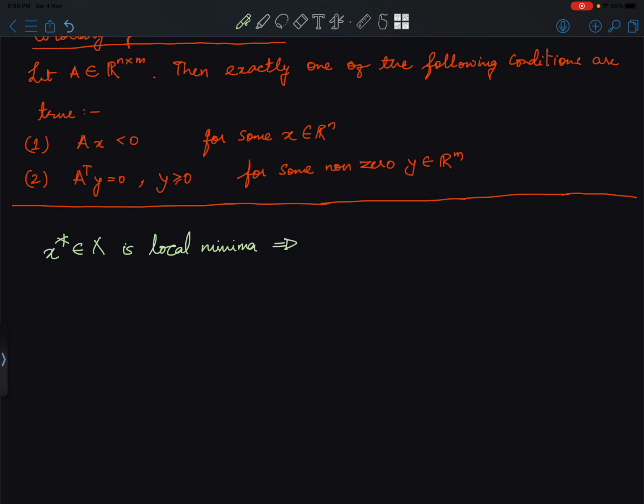which means the set of all d's where a of d is less than 0 is phi, basically the null set.